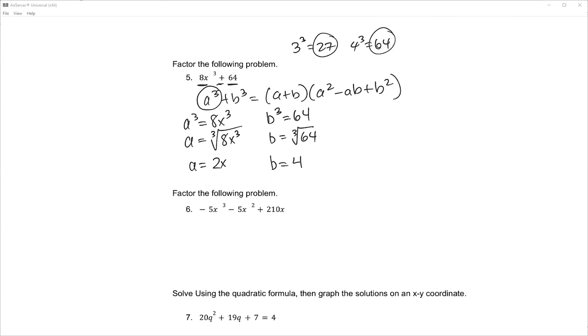So now plug these numbers in. It will be 2x plus 4, right? Because the a is 2x, the b is 4. And then 2x squared minus 2x times 4 plus 4 squared.